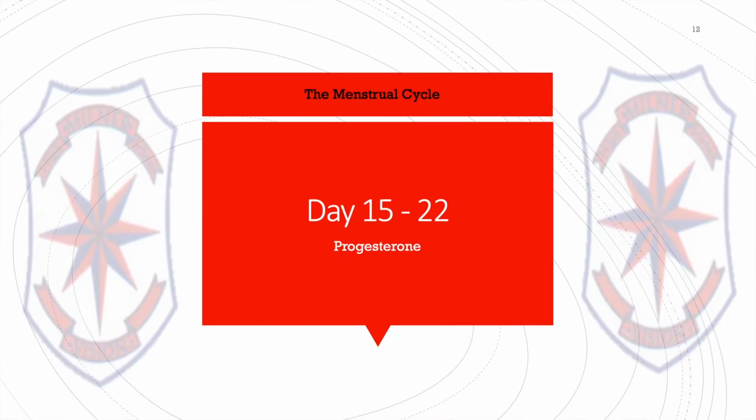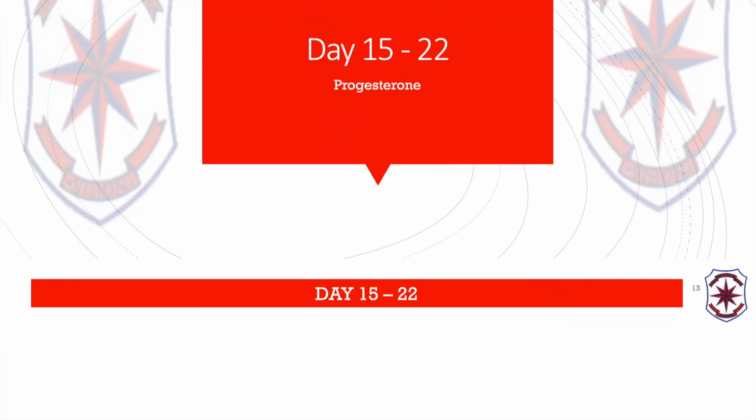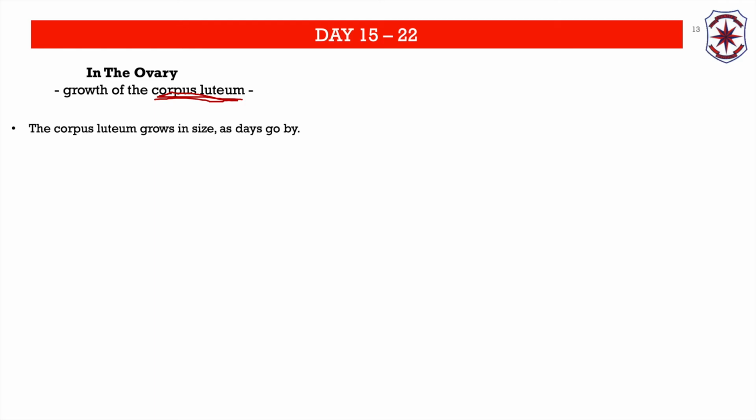Moving right along to day 15 to day 22. In day 15 to day 22, what occurs? In the ovary, remember, we no longer have a follicle because it has ruptured. Now we have a corpus luteum. So we are now looking at the growth of a corpus luteum.